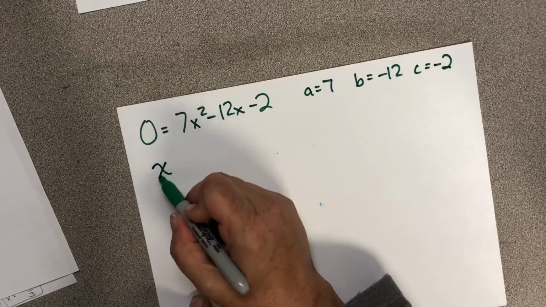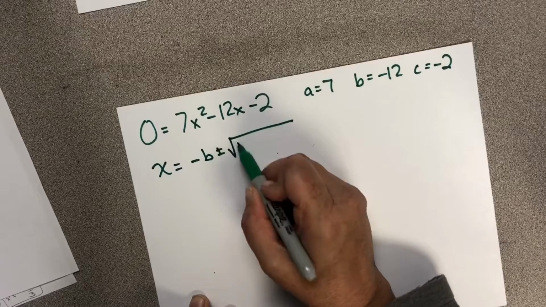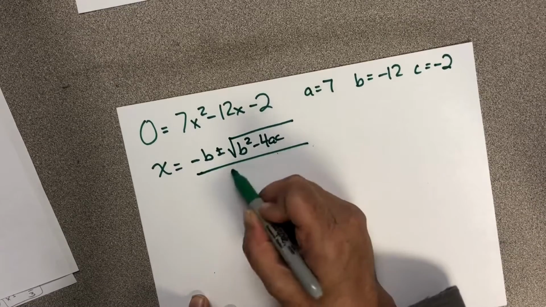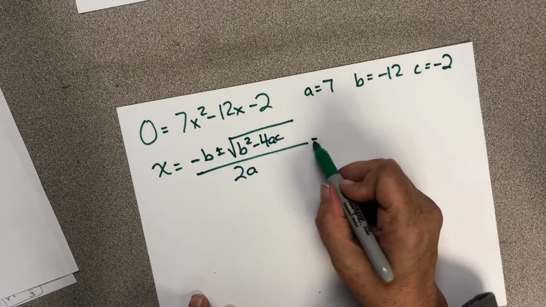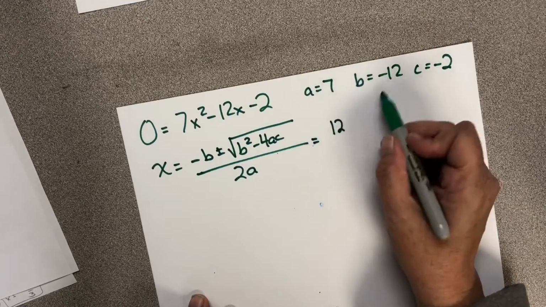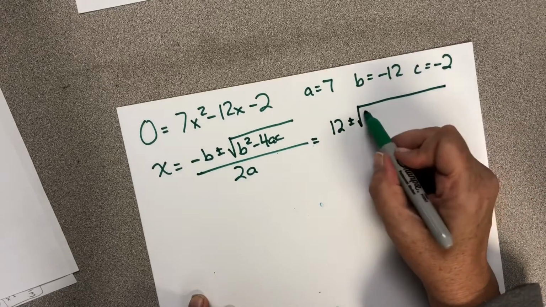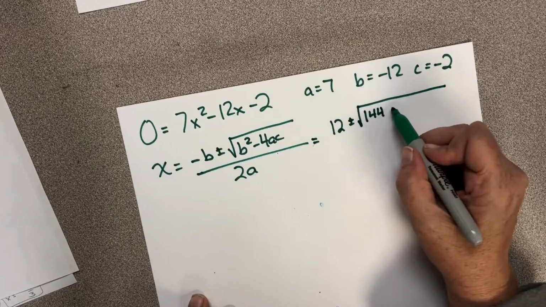The quadratic formula is x equals negative b plus or minus the square root of b squared minus 4ac over 2a. So I'm going to plug in negative b, that means opposite b. So 12 plus or minus square root of b squared. I always just go ahead and square it because we all know negative 12 squared is 144.